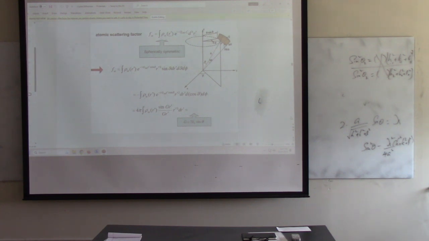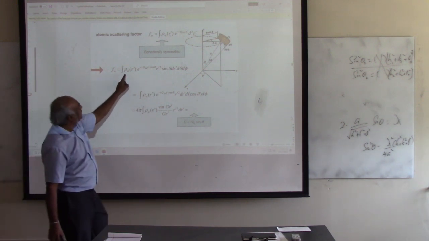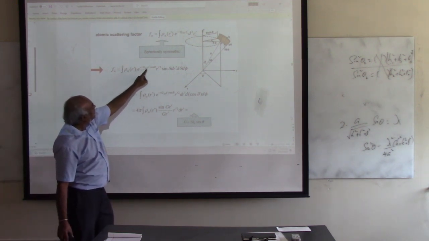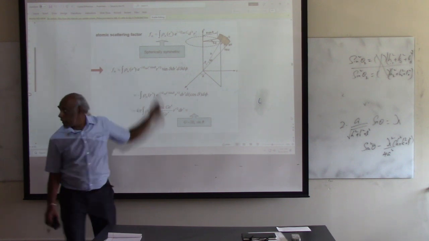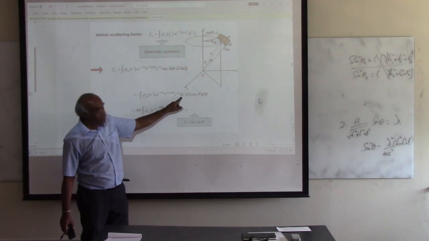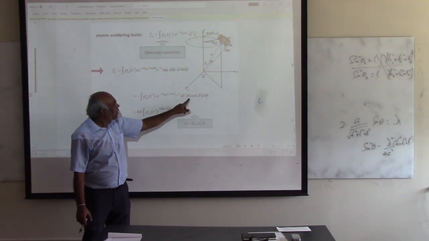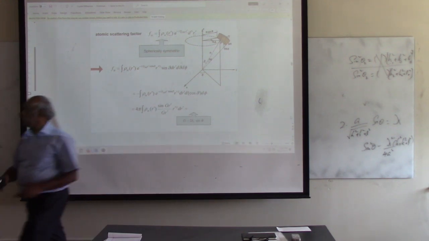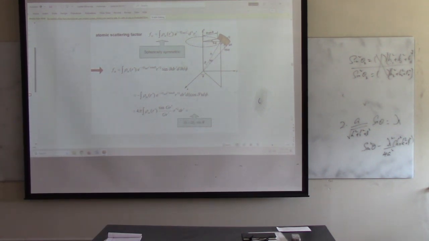So you have to integrate over r, and you can see here exactly r cosine theta, that is cosine theta is here, then r prime dr prime, then you have sine theta d theta, you can write as what?